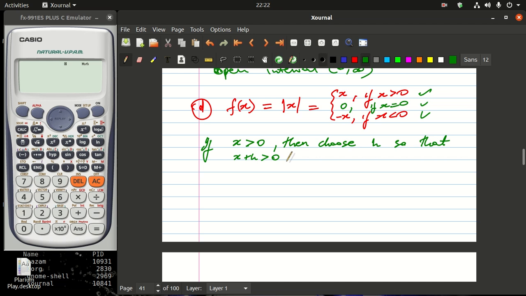So whatever the h that I am choosing here, I choose it so that whenever I'm adding that h to x, I still get something bigger than 0. Is this always possible? The answer is yes, because whenever you have two real numbers, you are always guaranteed that as long as those two real numbers are different, there is always a real number in between the two.